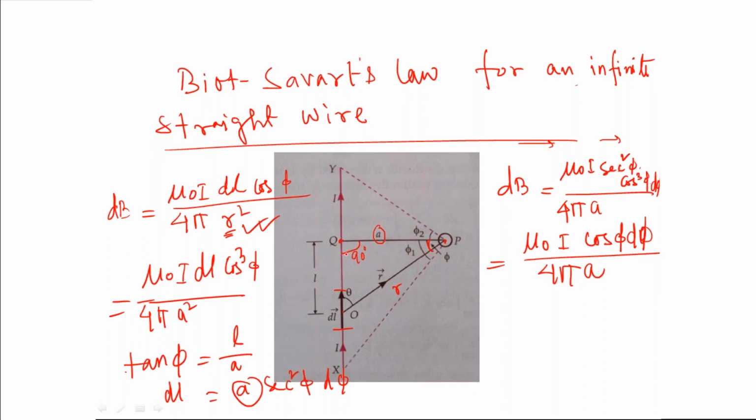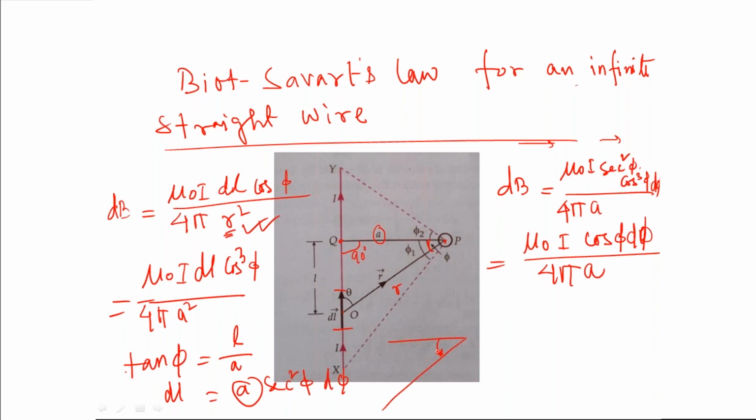So if I want to get it for the whole wire, look here, this QP line I'll take as my reference line, and the angle I'll count from that point. Suppose this is the wire. Look, there is something called phi 1. Phi 1 I will be counting like this, and the top angle I'll count from this QP line.